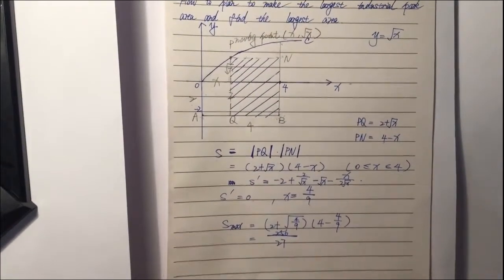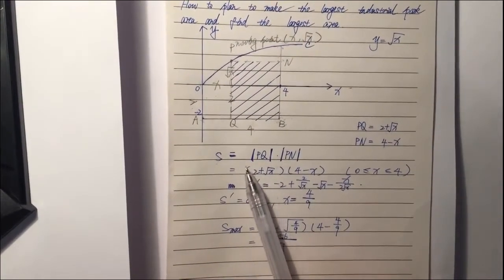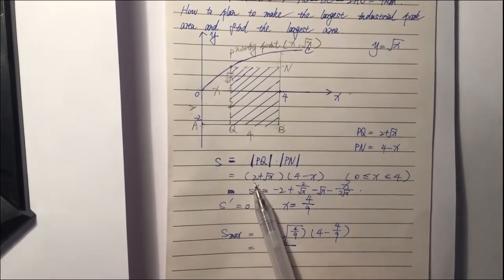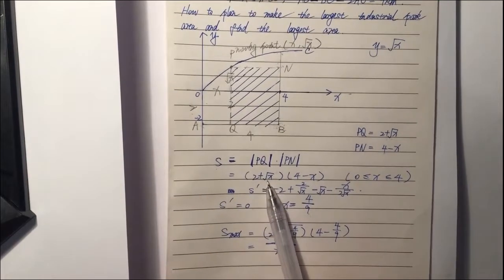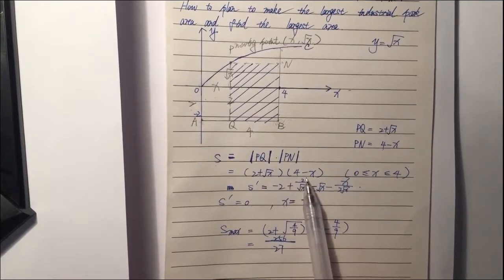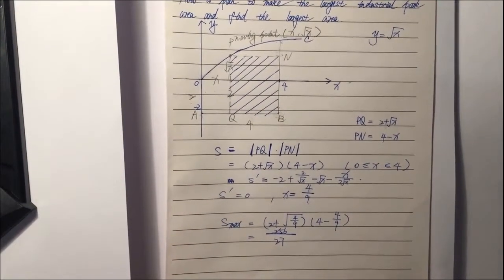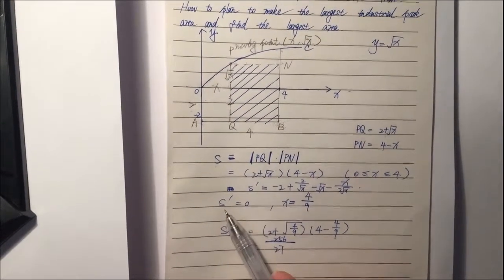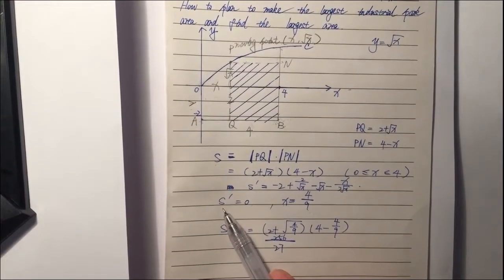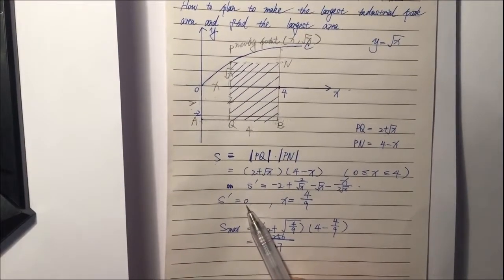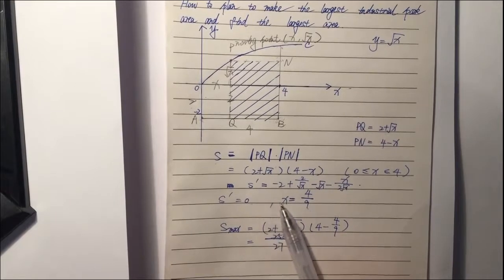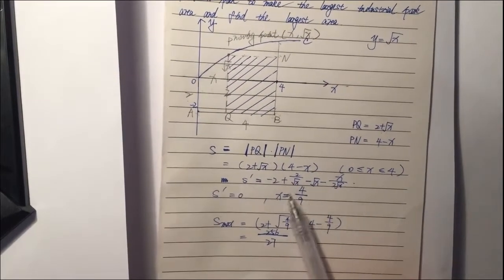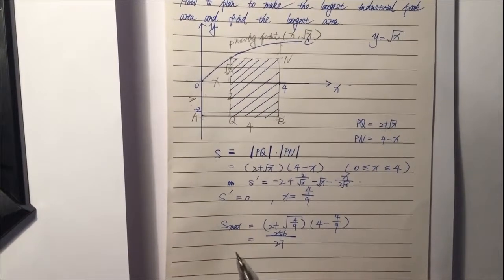First, the area equals PQ multiplied by PN, which equals 2 plus root x multiplied by 4 minus x. When the derivative of S equals 0, we get x equal to 4 divided by 9, which is the x at which we find the largest area.